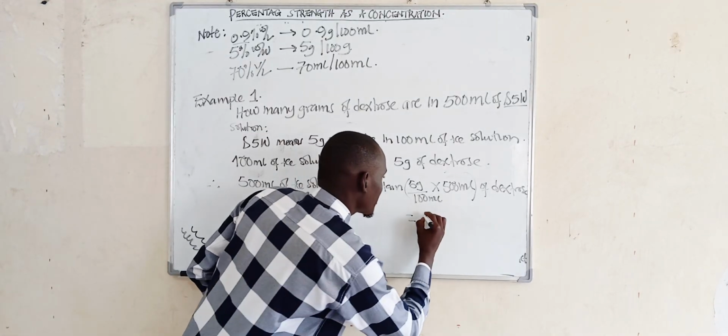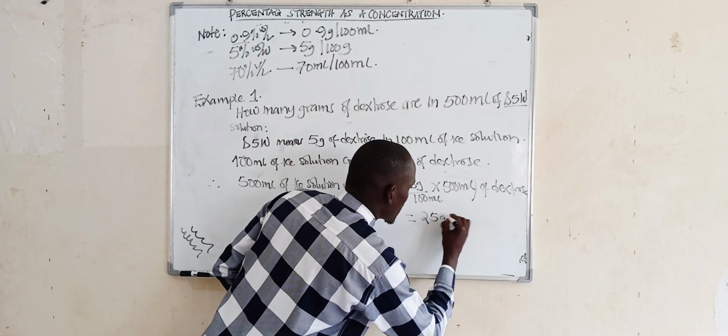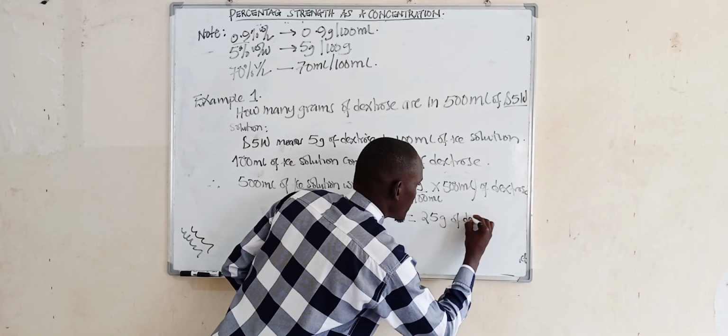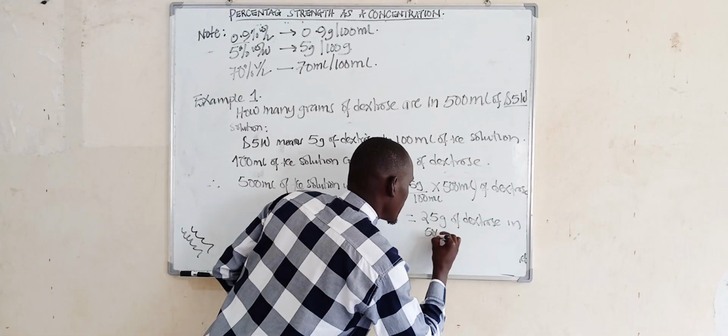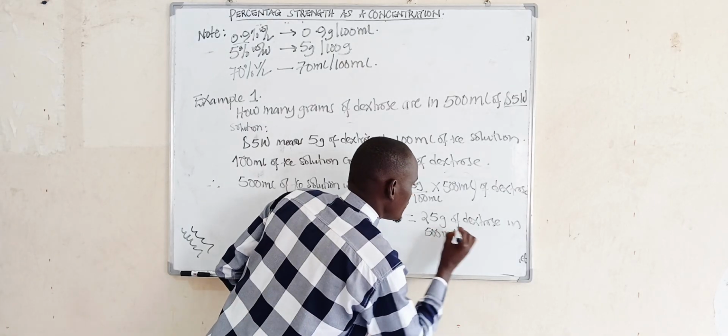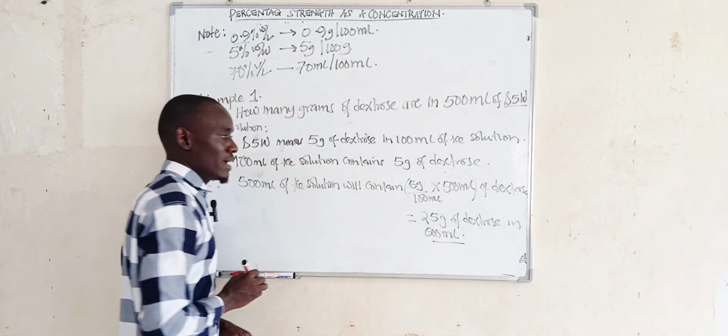This will give us 25 grams of dextrose in 500 mils as the answer.